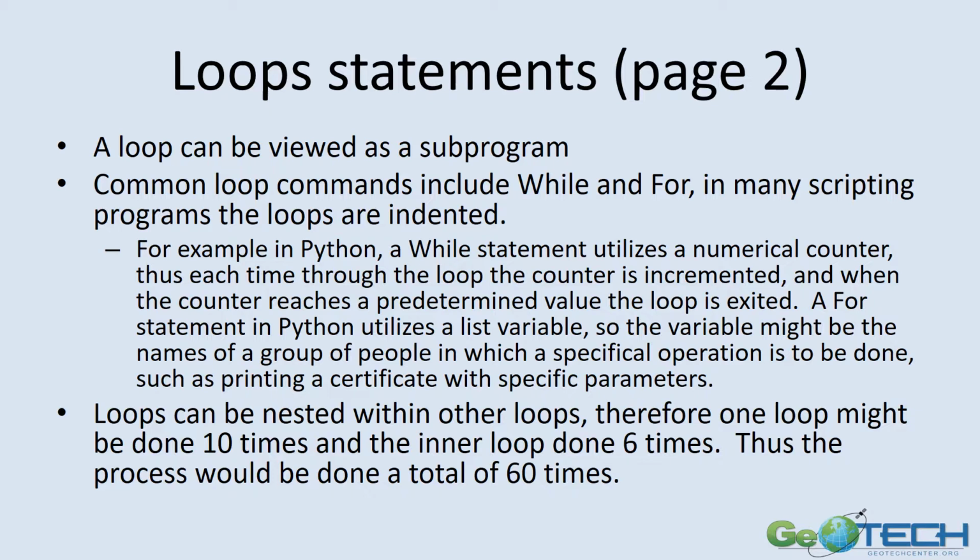So you might have one loop contained within another loop. So maybe I have a counter that's counting, and I'm going to do something 10 times. And then I have an inner loop that's going to do something 6 times.